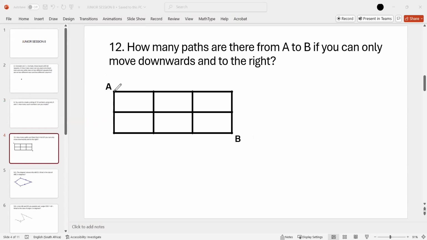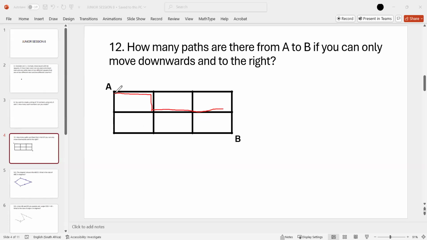So you're going to travel from A to B, and you can move downwards and to the right. So for instance, I can move to the right. It's a path, so I'm going to carry on. I can come down like this. I can go downwards, or I can go to the right.